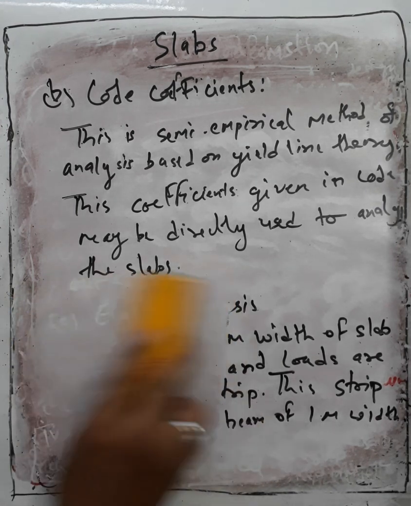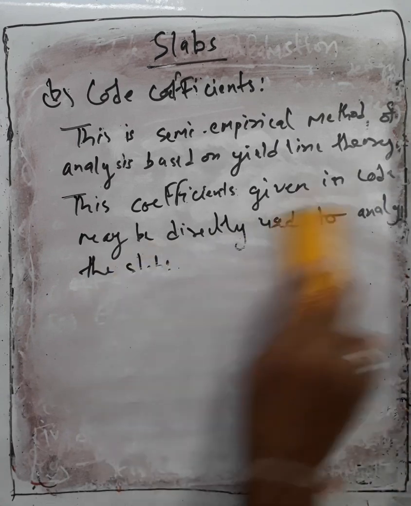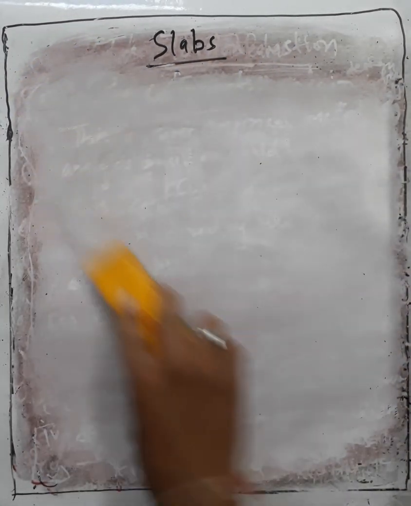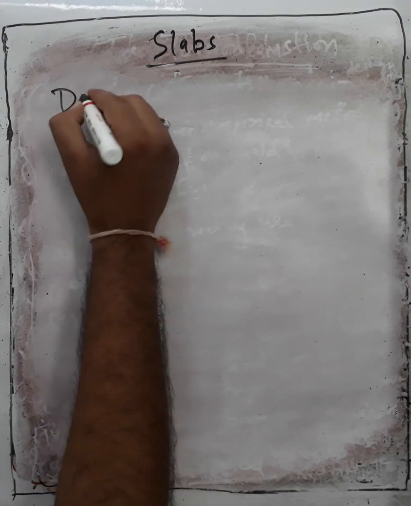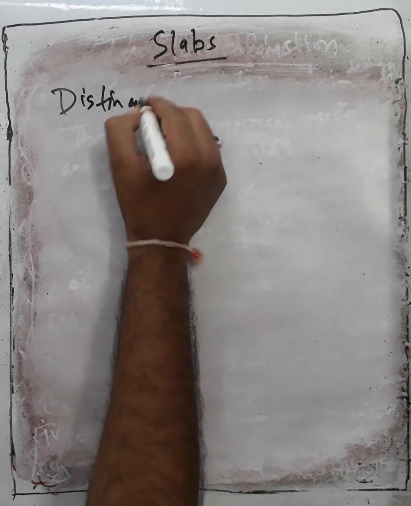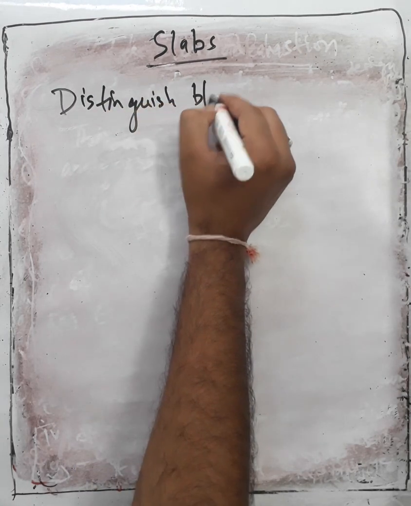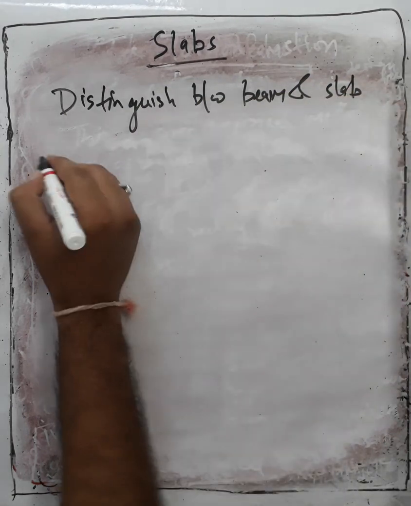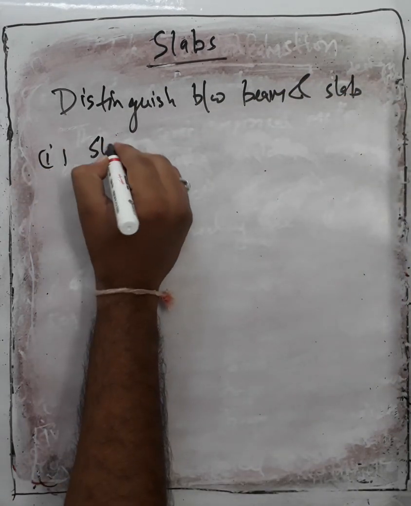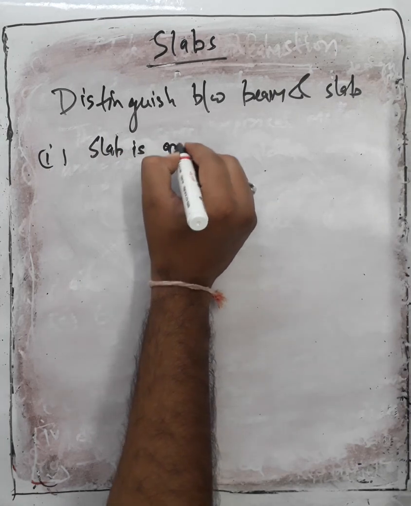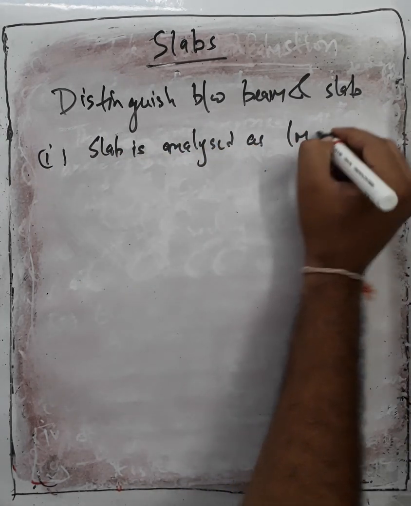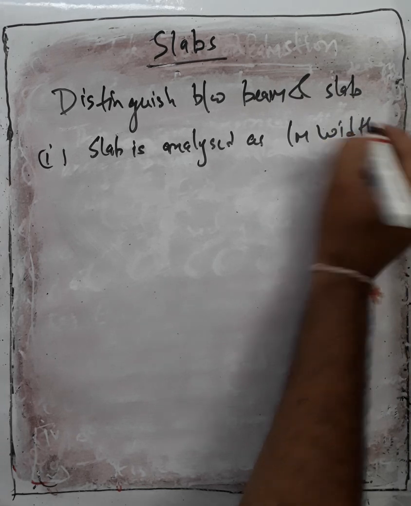Now our last topic of this lecture is the distinction between beam and slab. The first point is, a slab is analyzed as a 1 meter width beam.